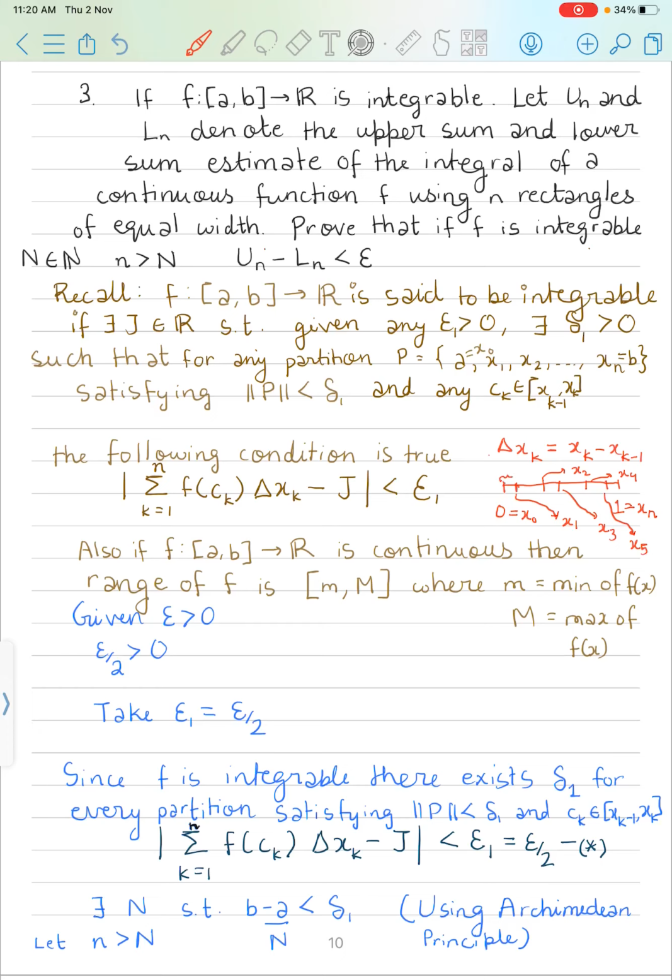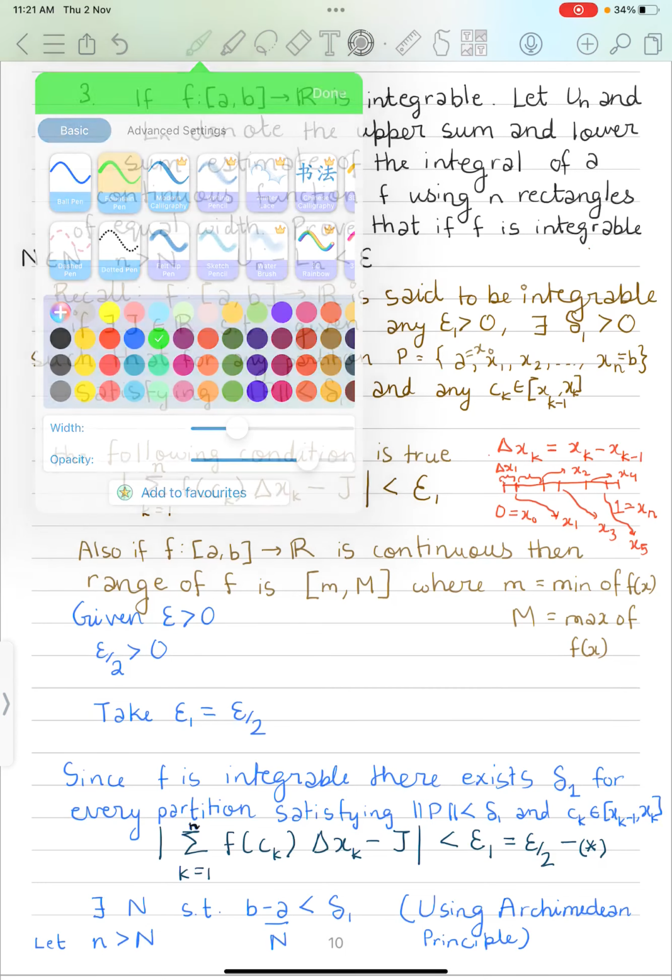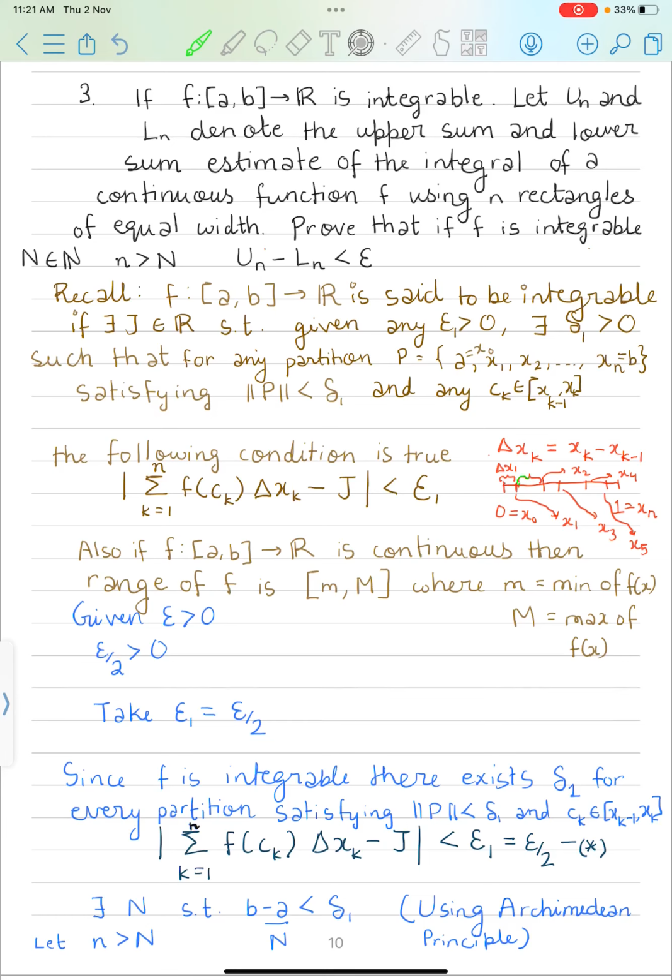This first distance is delta x1, because you are subtracting x0 from x1. This part, in a different color, is delta x2, because you are subtracting x1 from x2. You can see delta x1 is less than delta x2, so they may not be equal.